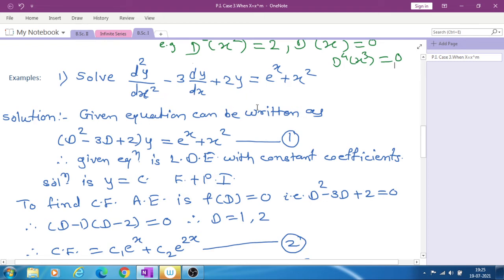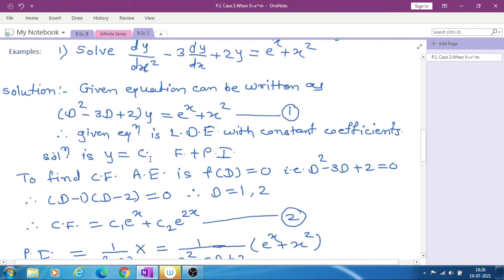We have studied many types of differential equation, so you have to first identify the type. This differential equation, only by observation we can say that this is a linear differential equation.